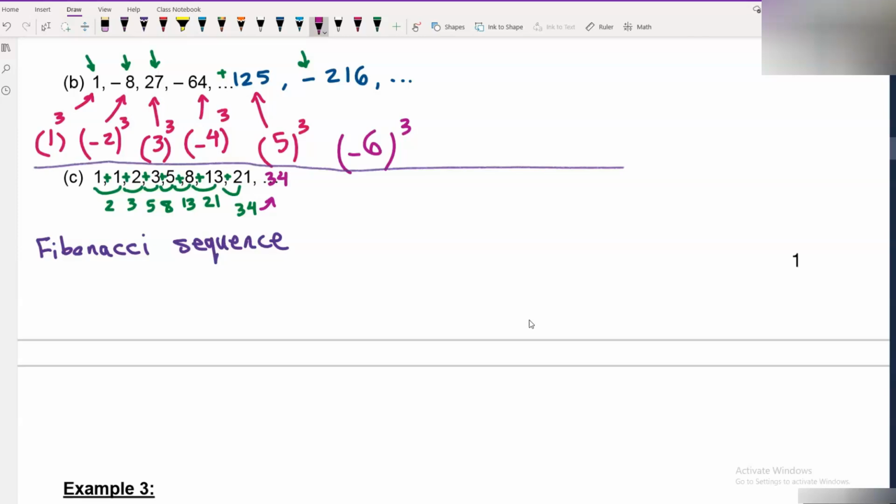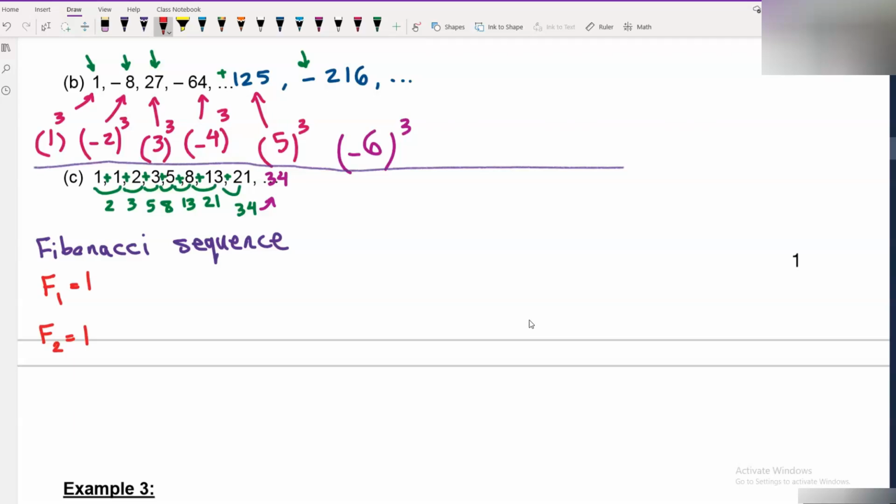What we usually do, we use F, because this one is Fibonacci, that's why we're using F. F1 is for the first number that we have here in this pattern, that is equal to 1. F2 is the second number that is given on top, is 1. Usually we have these given.